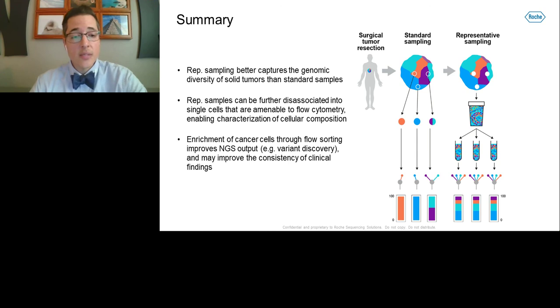So I'd like to summarize this talk by, again, just presenting that representative sampling does capture the diversity at the genomic and the cellular level of solid tumors in a mathematically powered way versus single samples. It's important to note here that I think many of the people watching this seminar will understand the sheer amount of solid tumor tissue that is incinerated.